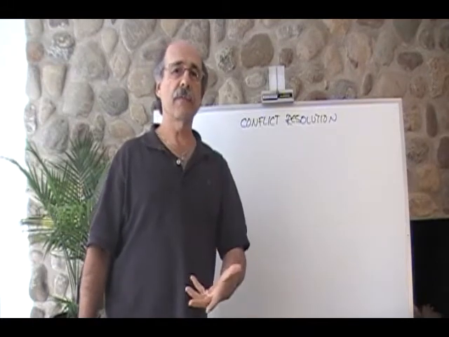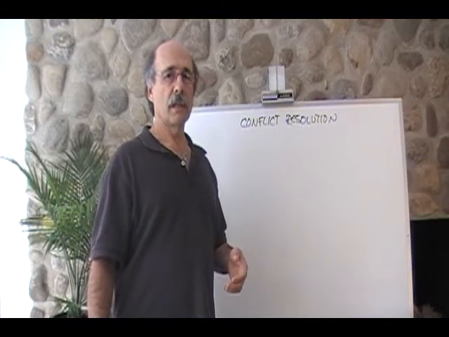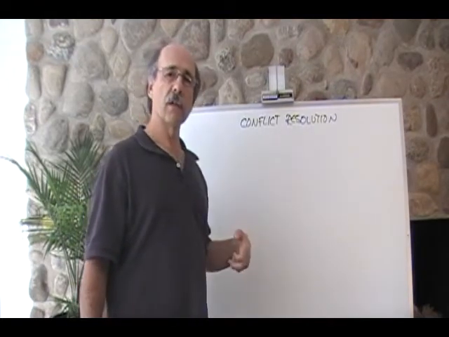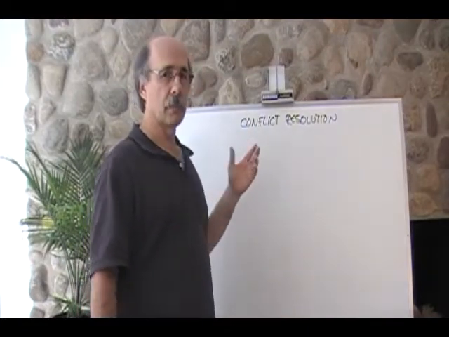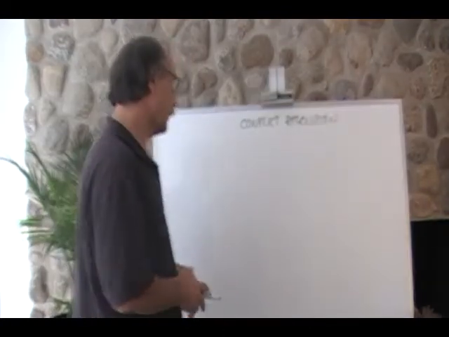And then I'm going to show you a different conflict resolution model, which is more grounded in a unitive perspective, and which, if followed from that kind of an intention, works much, much better. I know this because I've seen it in practice many, many times.